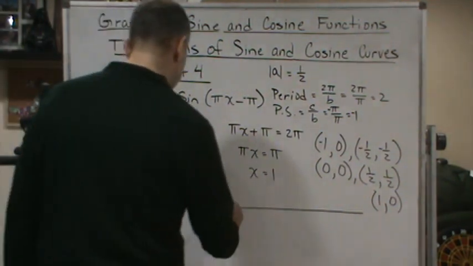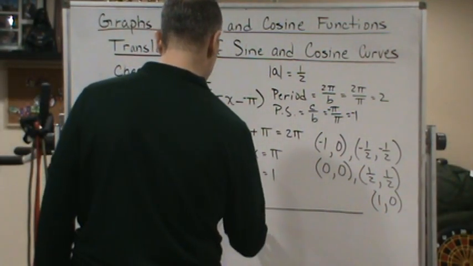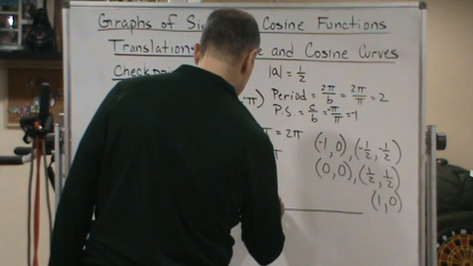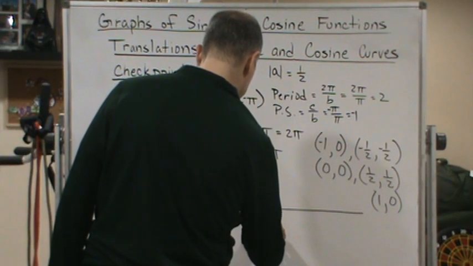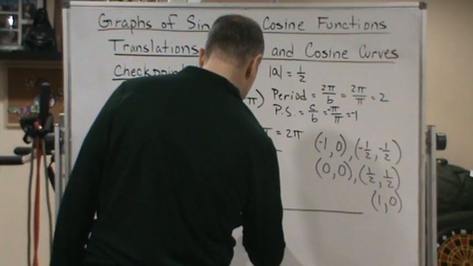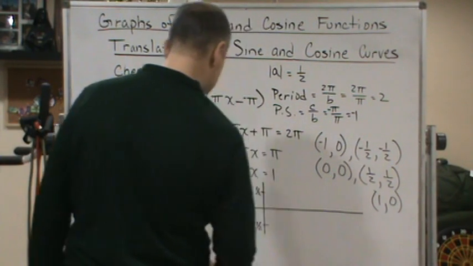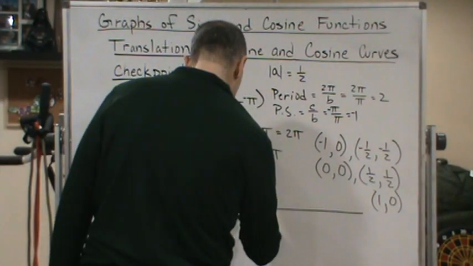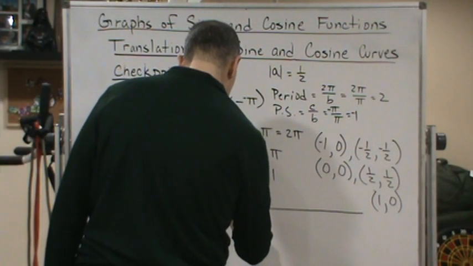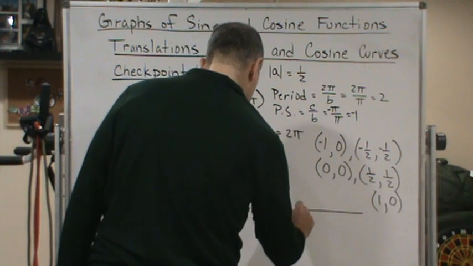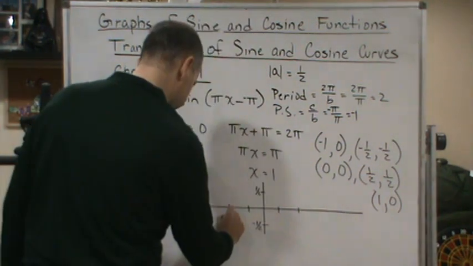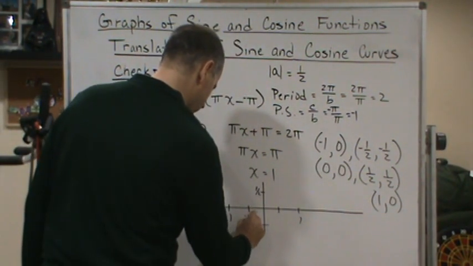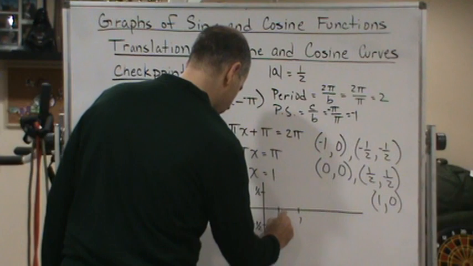Okay? So again, I'm going to plot this. So let's do 1/2, negative 1/2, and we're going to go out. Okay, so this is negative 1, positive 1, negative 1/2, 1/2.